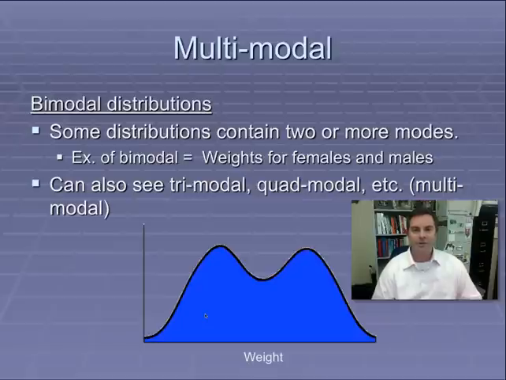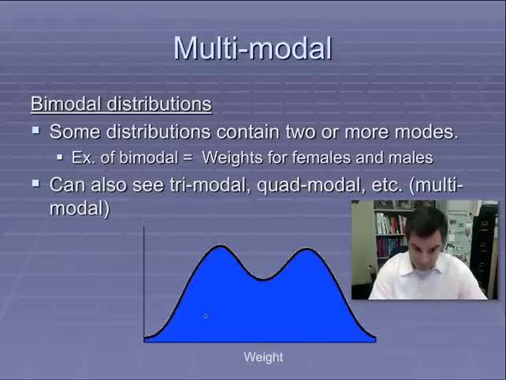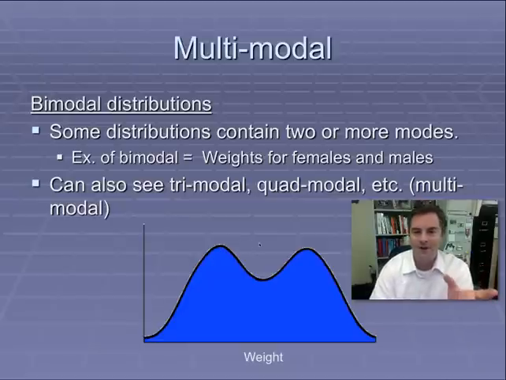So sometimes we see what are called bimodal distributions. This is a very extreme example that I'm going to give you here, but it's bimodal. In our next lesson, we're going to learn about measures of central tendency, and a preview is the mode.